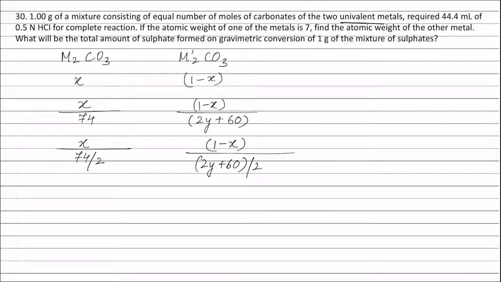Since the number of moles of the two carbonates is same and number of equivalents of two carbonates is also same, therefore we can write equivalence of M2CO3, that is x divided by 74 by 2, plus equivalence of M'2CO3, which we can also write as x divided by 74 by 2, and this is equal to equivalence of HCl required for complete reaction, which is equal to normality of HCl, that is 0.5 N, into volume of HCl in liters, that is 44.4 divided by 1000 liters.